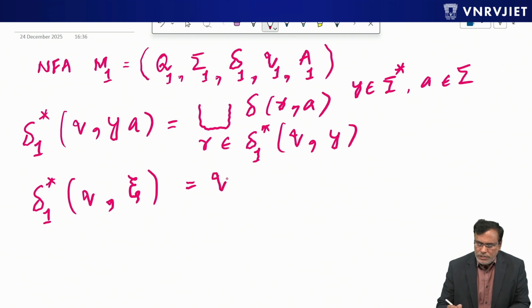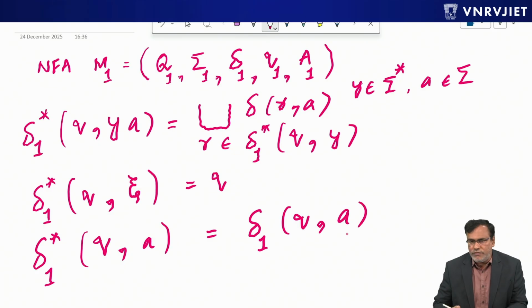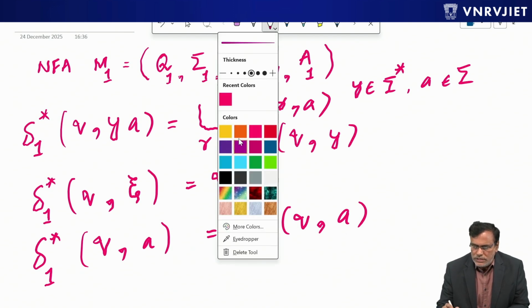And you also know delta 1 star of q, a for a single input symbol: delta 1 star of q, a is equal to delta 1 of q, a. With respect to one input symbol, there is no difference. That is what we came to know. So this is the definition of this NFA.